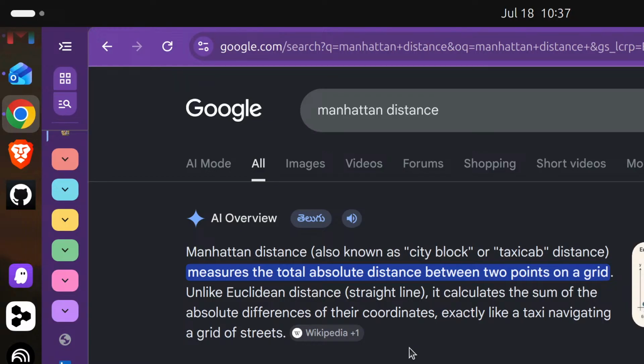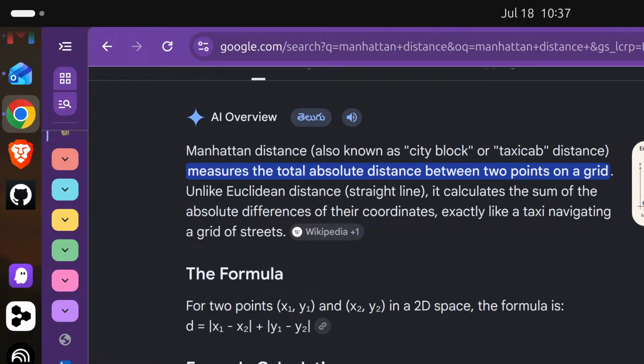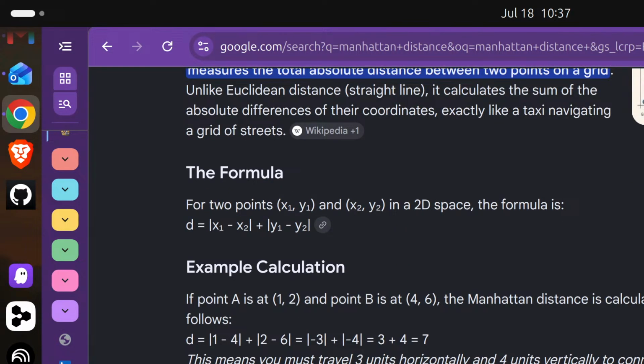Alright, so if one point is at 1, 2 and the other point is at 6, the distance is calculated as 4 minus 3, so 3 plus 4, alright, like this.